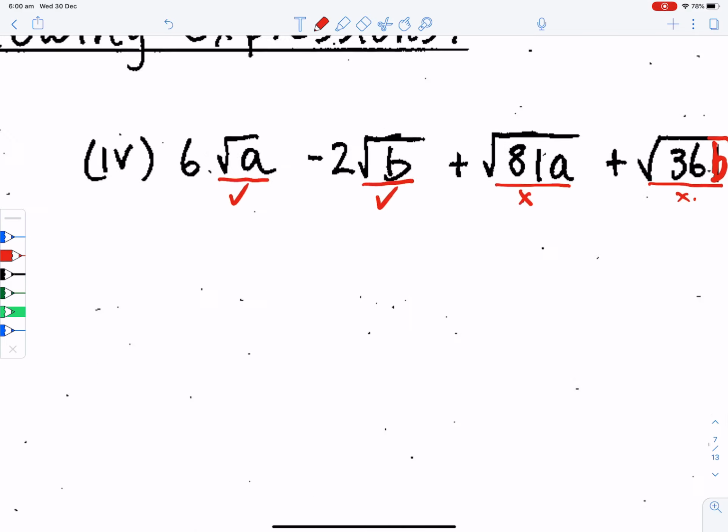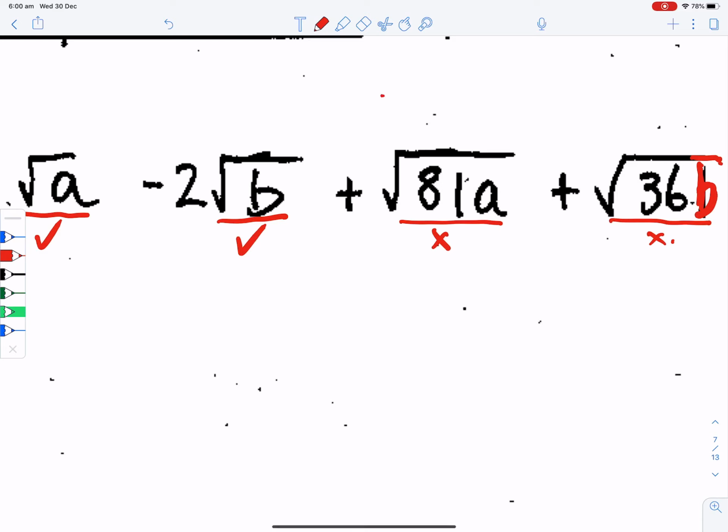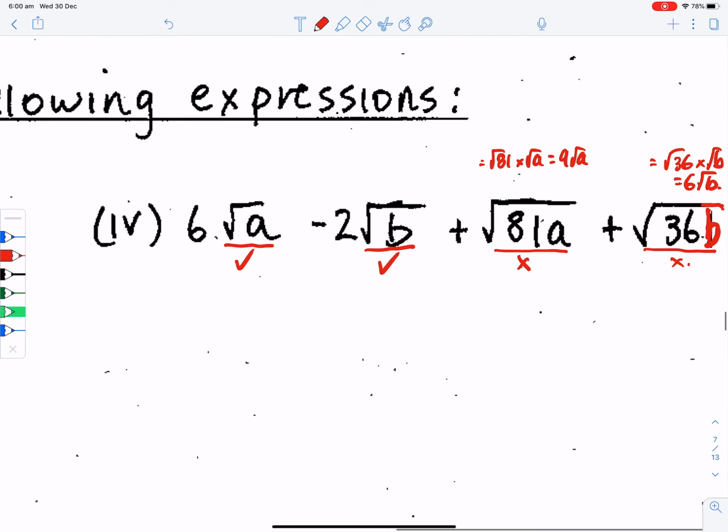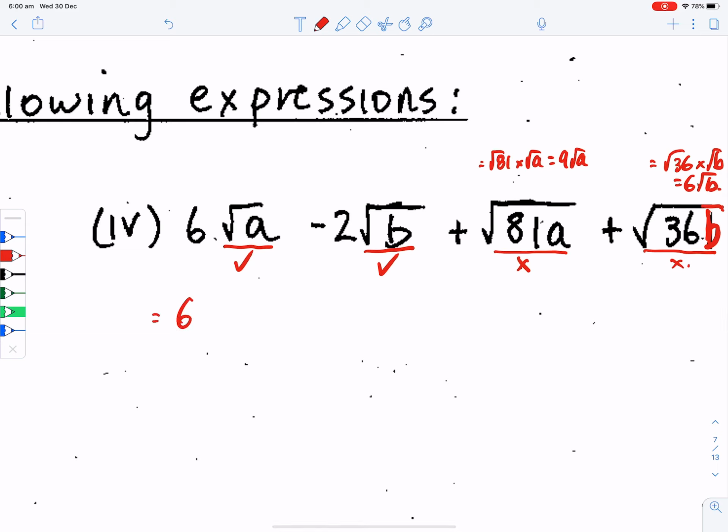Now, root 81a can be rewritten as root 81 times root a, which is 9 root a. And root 36b can be rewritten as root 36 times root b, which is 6 root b. So now we have 6 root a minus 2 root b plus 9 root a plus 6 root b.